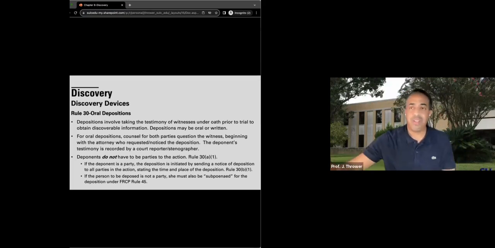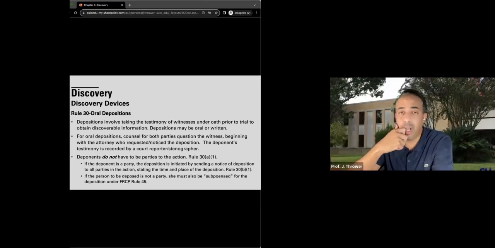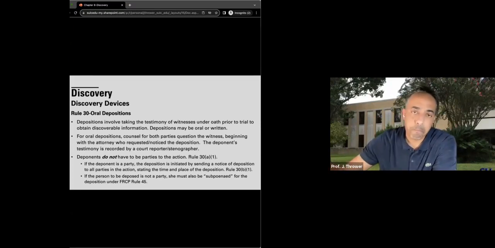And this notice states the time and place that the deposition will occur. If the person to be deposed is not a party, then typically a subpoena also accompanies this notice of deposition, pursuant to Federal Rule of Civil Procedure 45.